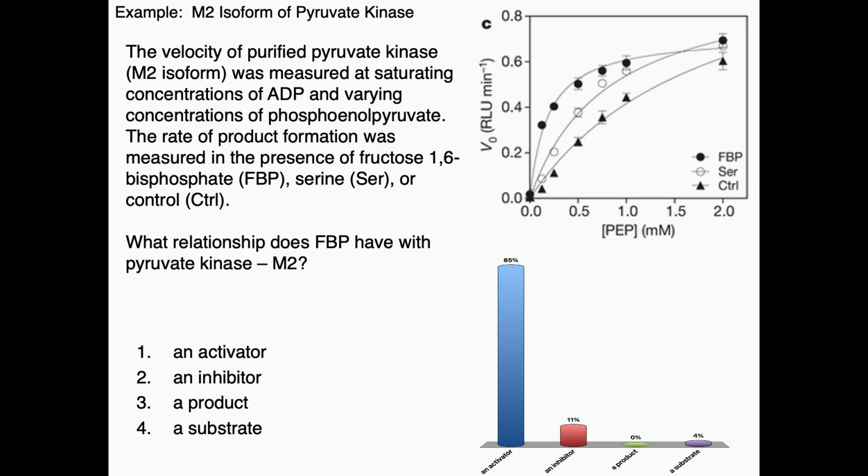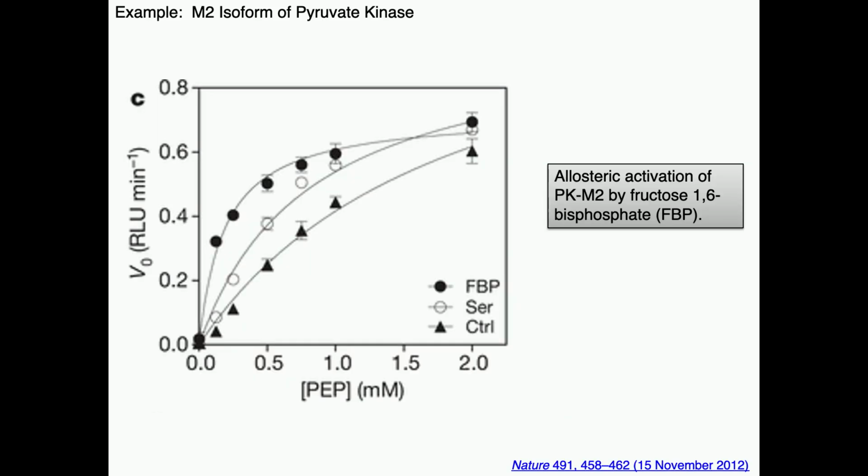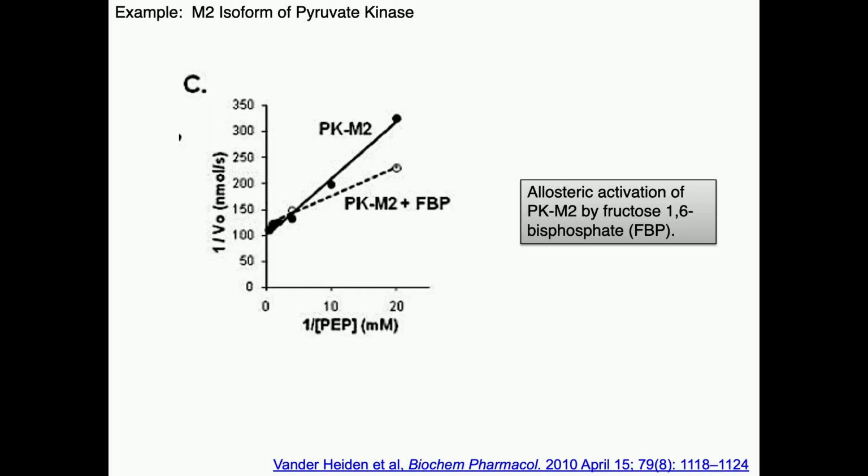So that's an activator. Fructose 1,6-bisphosphate is an endogenous substrate that we make within our bodies as a glycolytic intermediate, and it is an allosteric activator of this M2 isoform of pyruvate kinase. And that's shown in a different publication here with the Lineweaver-Burk transformation.